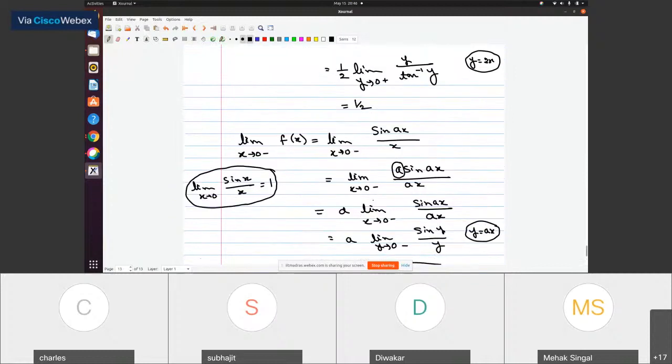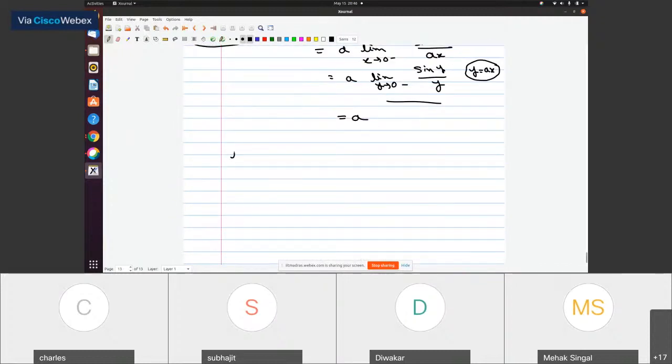So my right hand limit, x tending to 0 plus f(x), is half. My left hand limit is a, and what is f(0)? f(0) is b. Now for f to be continuous, all three should be equal, right?